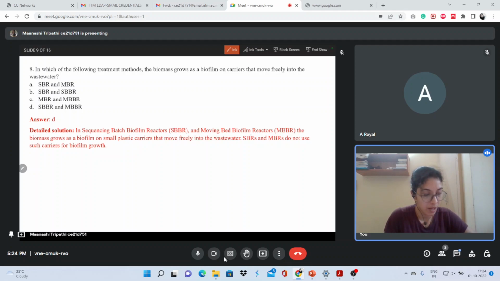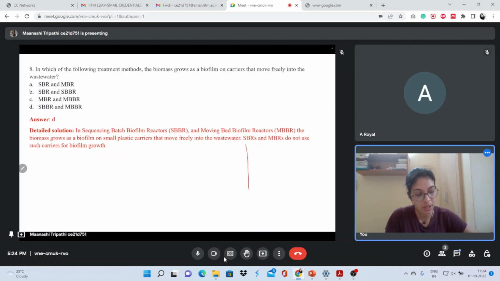And in MBBR, moving bed biofilm reactor, around the plastic media, the biofilm grows. It can be of this type. It is filled with media. Water will come here by force and the media will be fluidized. It will move up and down. Okay, this is how it will be.